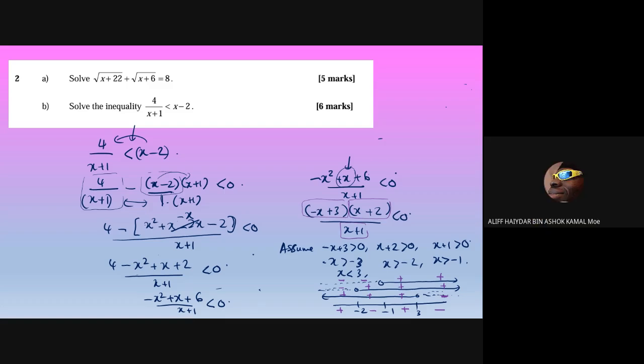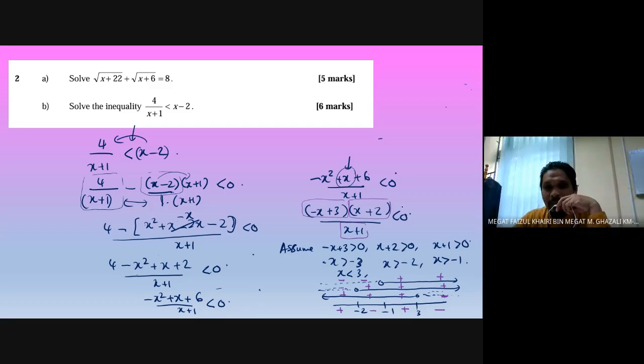The original inequality is less than 0. Okay, good. Look at this. The sign of the whole inequality here is less than 0. Numbers that are less than 0 are always negative. So then this is the one. So the final solution set is negative 2 until negative 1, union 3 to positive infinity. That's it.